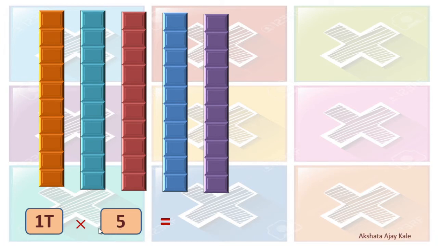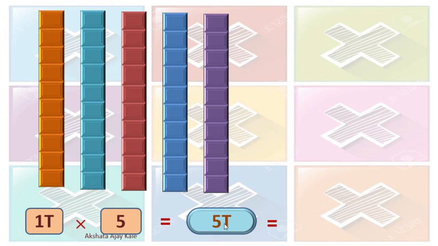Then we will get how much here? 5 tens, isn't it? 1, 2, 3, 4, 5. 5 tens we got. That is nothing but 50. 5 and 0, 50, right? 5 tens is 50, isn't it? Very good. The same thing we will use in the next sums.